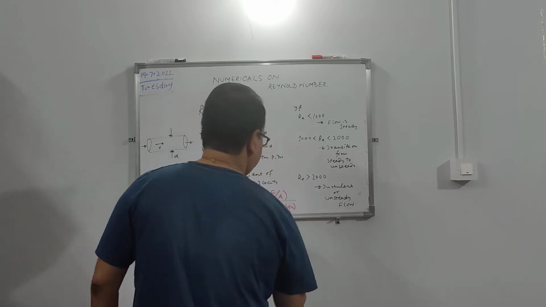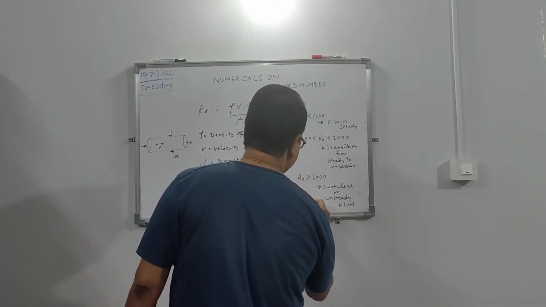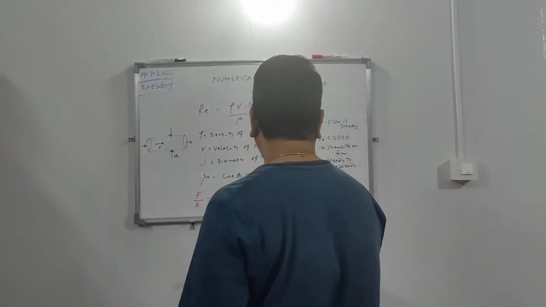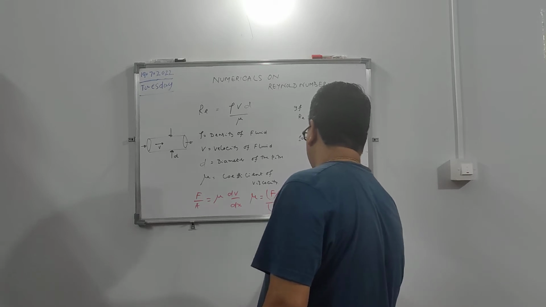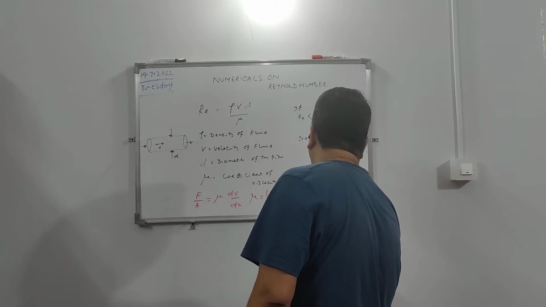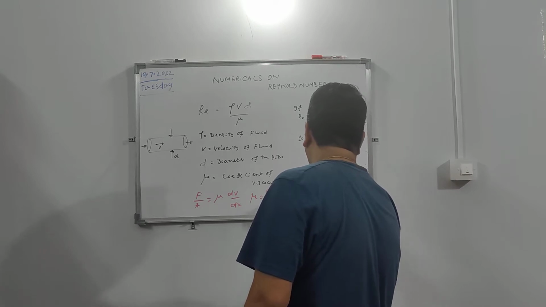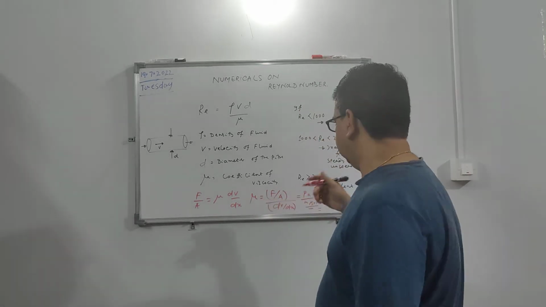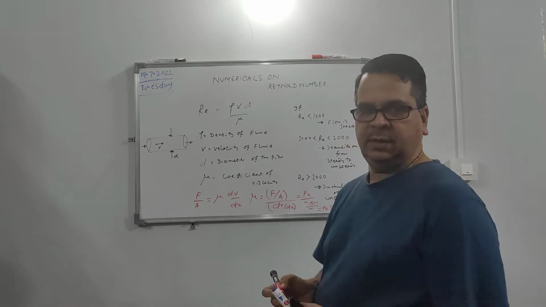F by A has the unit of Pascal, and dV by dx is meter per second divided by meter, so the meter cancels and it becomes 1 by second. So its unit is Pascal second.